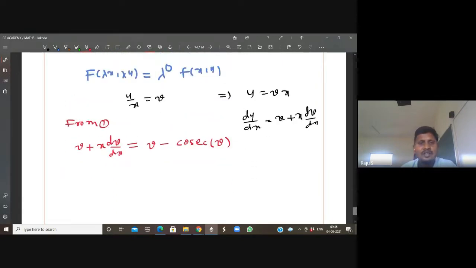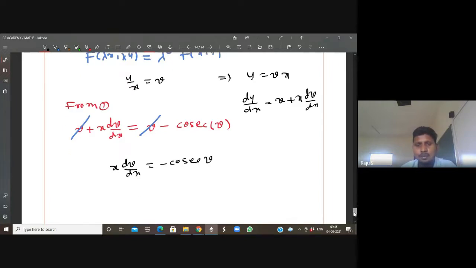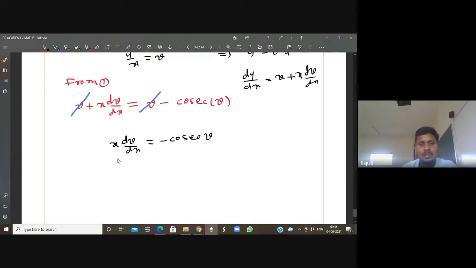Now students, shall I cancel v directly? Yes. So remaining x dv by dx is equal to minus cosecant of v. Now you have to separate the variables, which implies it can be written as 1 by cosecant v dv is equal to minus dx by x.